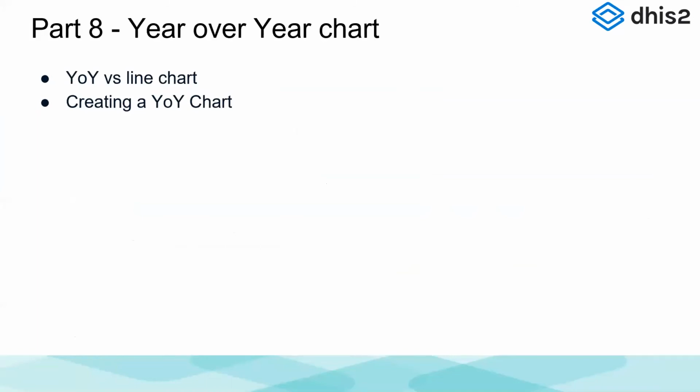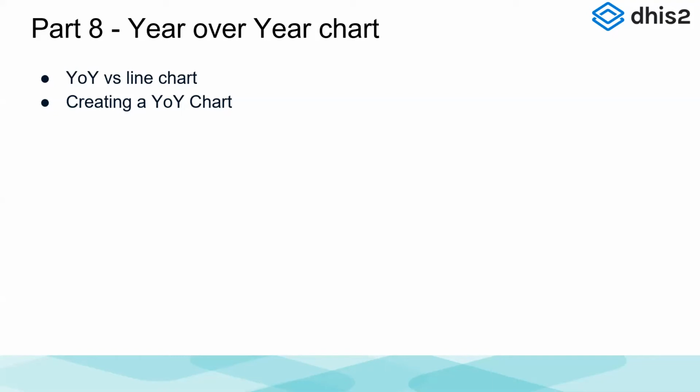So we will move on to the last part, I think. Last chart type for the day, that is the year over year chart. This is also a new chart in DHIS2. I think you were introduced to this year over year concept during the WHO data quality app where you get year over year charts.